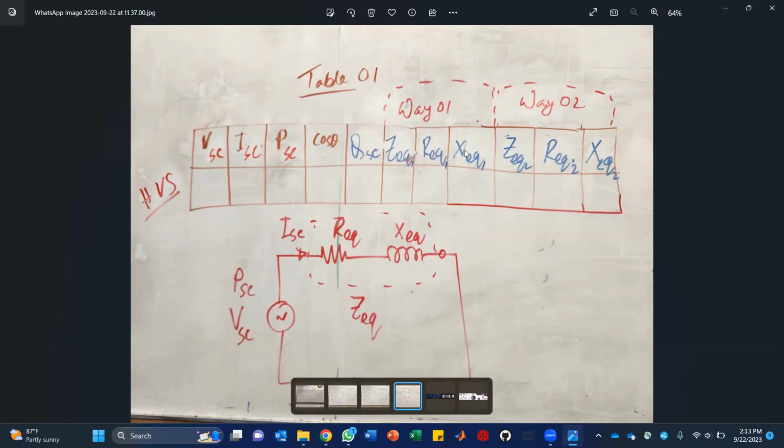I know that the way 1 equations and way 2 equations will give identical results, but it's better to learn both ways, right? That's why I'm giving you this. And this is the equivalent circuit.